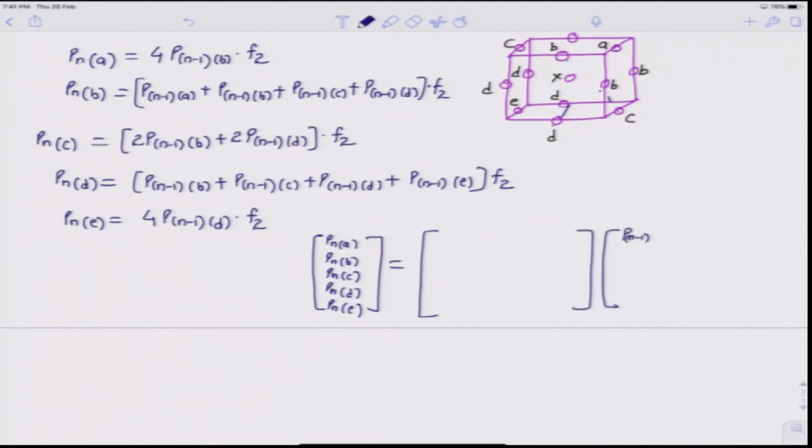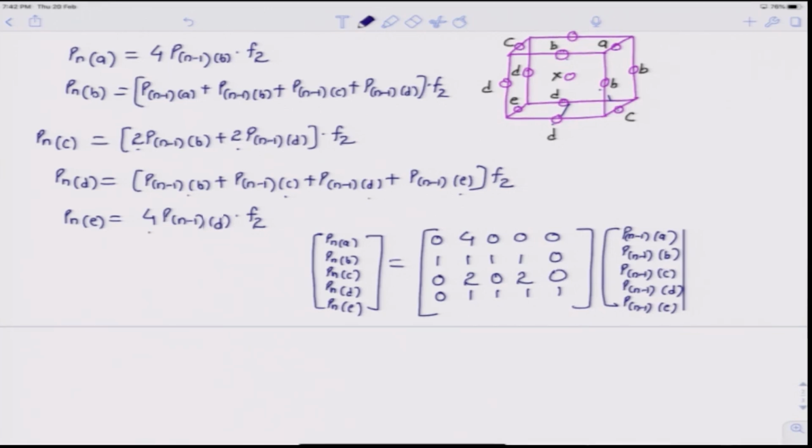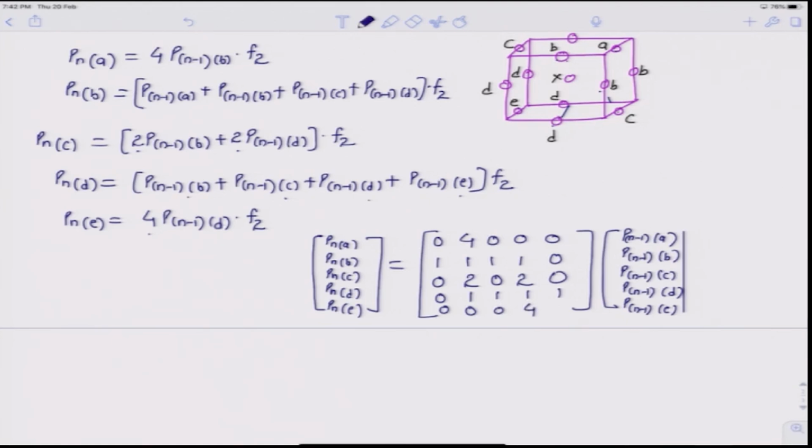We have Pn minus 1 of A, Pn minus 1 of B, Pn minus 1 of C, Pn minus 1 of D, Pn minus 1 of E, and there would be a 5 by 5 matrix here, which we can write as 0, 4, 0, 0, 0, then 1, 1, 1, 1, 0, there should be 2 and 2, so 0, 2, 0, 2, 0, then 1 in B, C, D, E, so 0, 1, 1, 1, 1, and 4 times Pn minus 1 of E, so this should be 0, 0, 0, 4, 0.